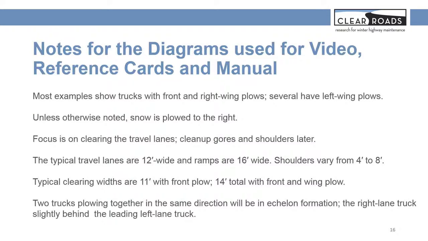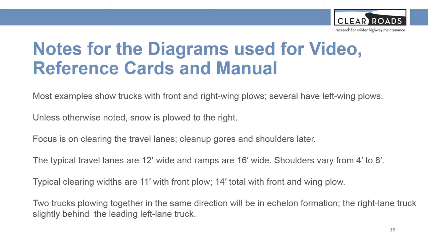Also included will be some notes for the diagrams we used in the video, the card, and the manual. Most of the examples use trucks with front and right wing plows. Sometimes we do use plows with dual wings, left and right. For all the examples, we focus on clearing the travel lanes.